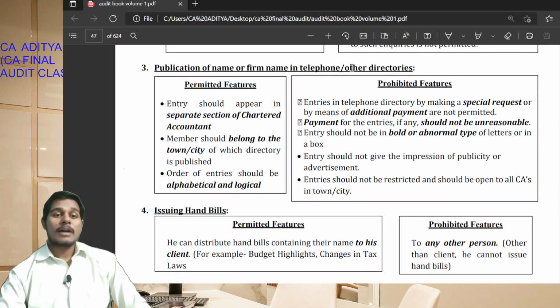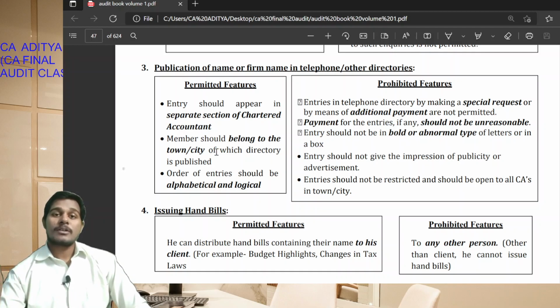Publication of name or firm name in telephone or other directories. Permitted features. Entry should appear separately in the chartered accountant section. That is, a chartered accountant section is provided separately in the telephone directory. Then in such separate section only chartered accountants should be provided, and the member should belong to the town.